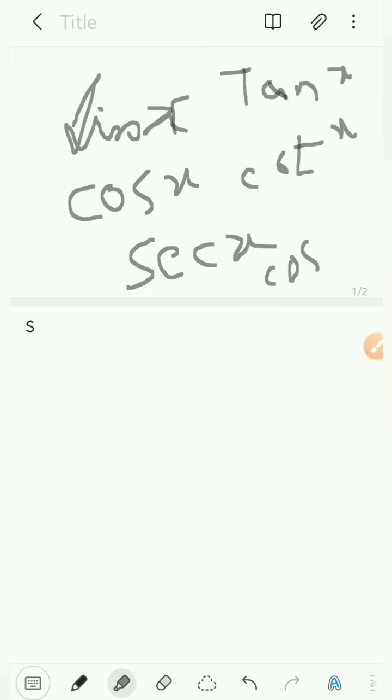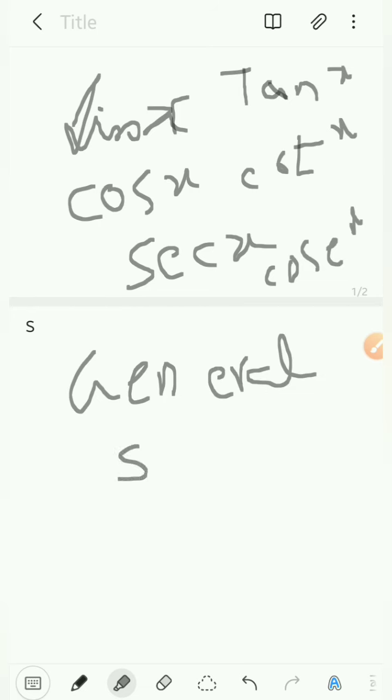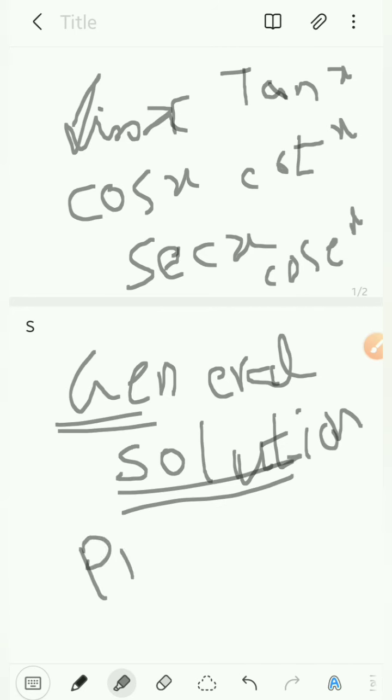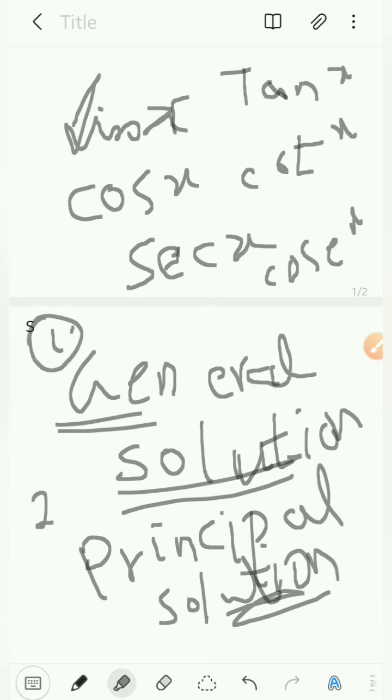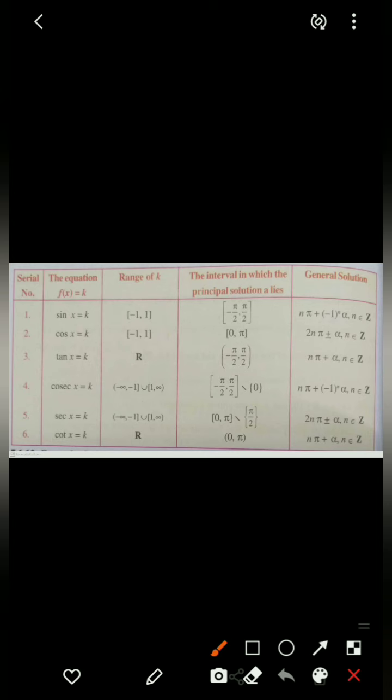For these 6 functions, what is the general solution and what is the principal solution? All these equations will have a general solution and a principal solution. Remember that. In this video, I'll tell you the general solution of all these and how to solve them. Don't worry. See, this table is very important to you.